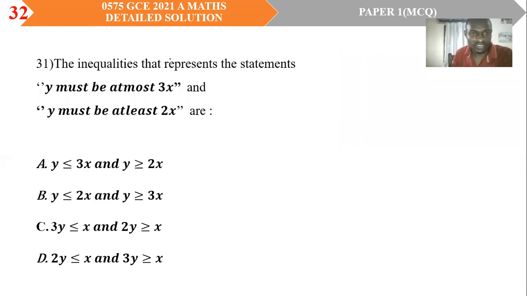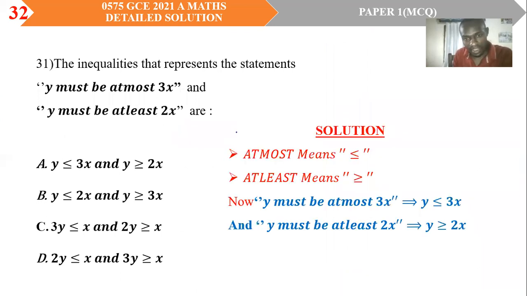The inequalities that represent the statements y must be at most 3x, and y must be at least 2x. I want us first of all to interpret these terms. Look at the solution. At most means less than or equal to.